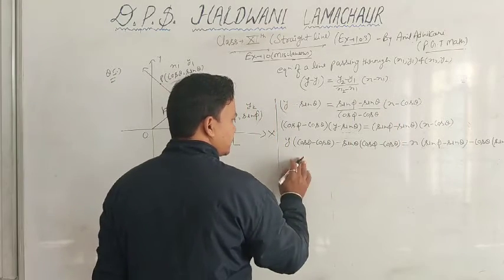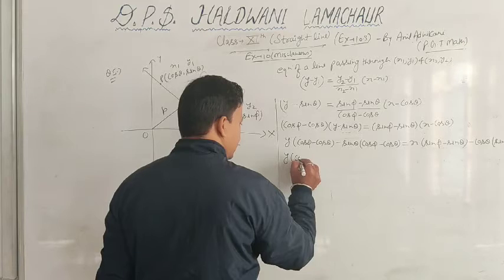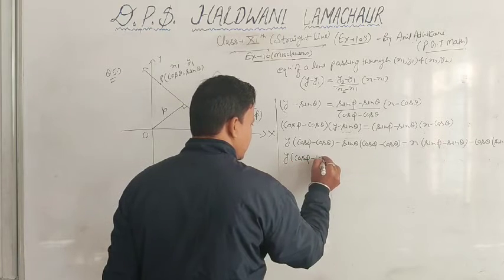So what we get from here: y times (cos phi minus cos theta).